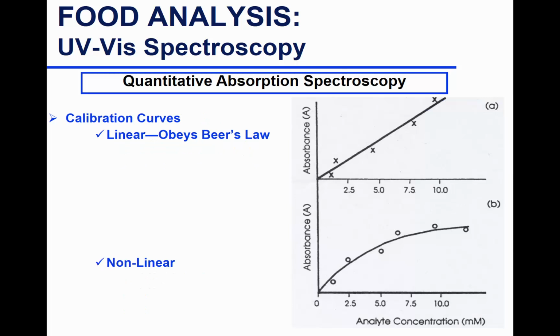Okay, so again, it has to be linear to obey Beer's law. So we choose concentrations that give us a linear relationship with the absorption. If we have a linear relationship, we're good to go. And that's why it's very important when we dilute our samples to fit within the linear range.